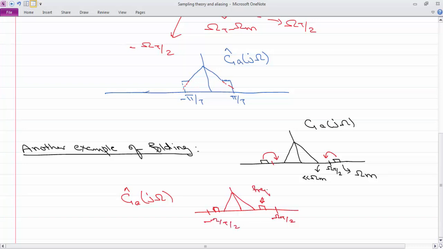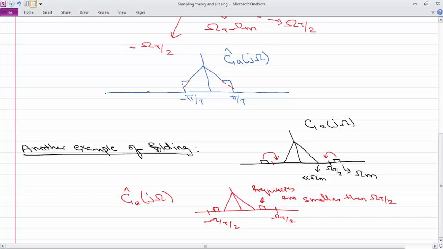So this piece frequencies are smaller than omega_s by 2. So what happens after the folding is a function of what your original spectrum looked like.